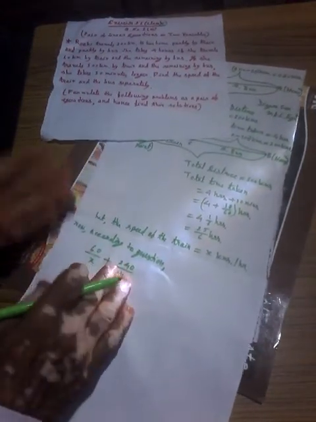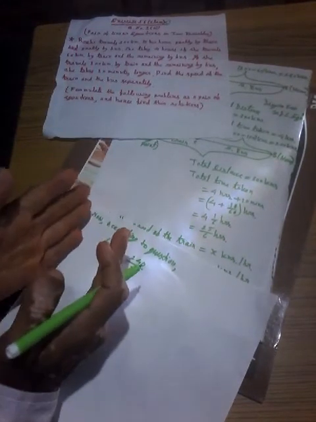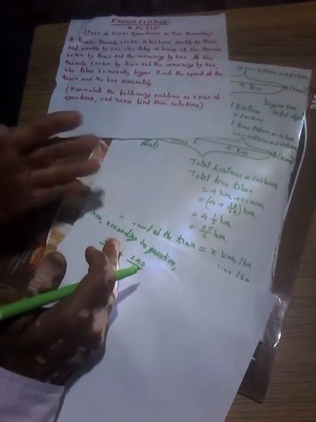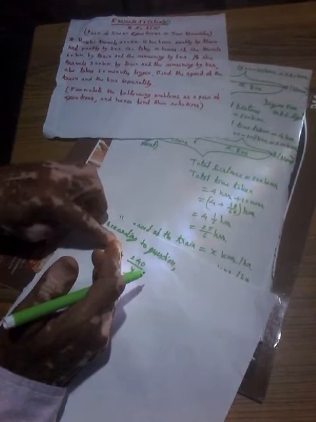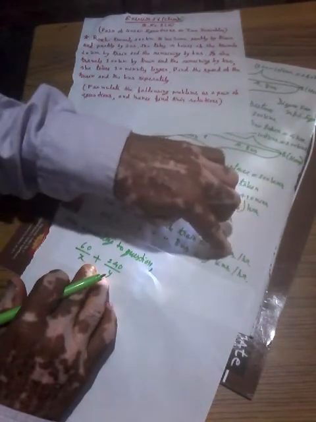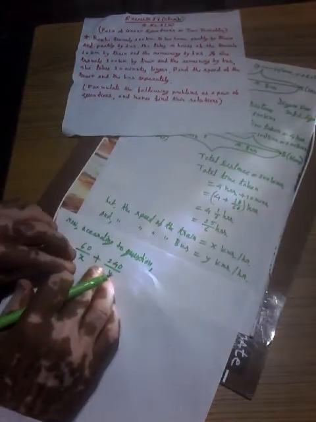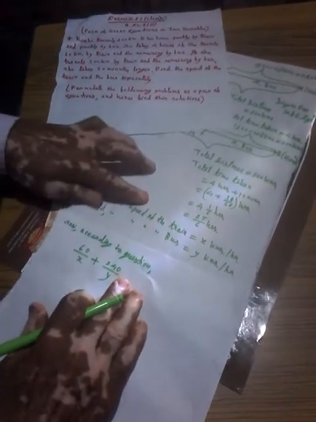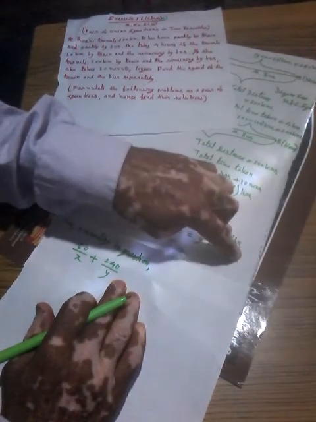So this time period 60 by x, which Rochi takes to cover a distance of 60 km when the speed of the train is x kilometers per hour, and the time taken to travel a distance of 240 kilometers by bus when the speed of the bus is y kilometers per hour.